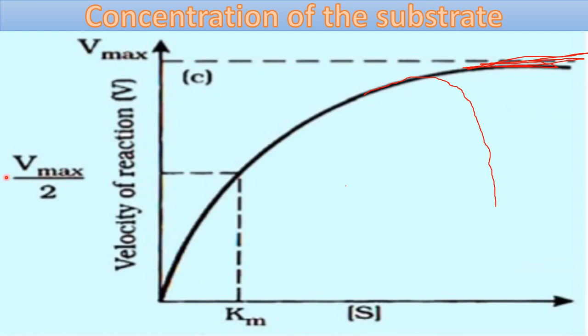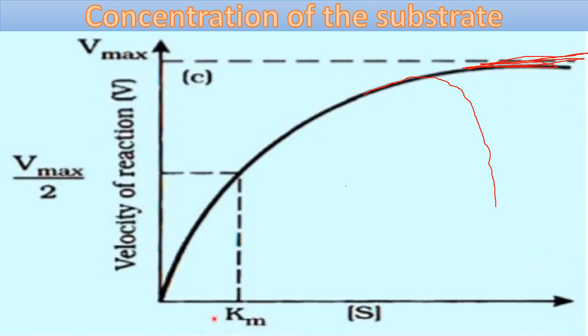Now here you can see this point, where the half of maximum velocity is achieved. This is the substrate concentration where half of maximum velocity is achieved, represented by Km, the Michaelis-Menten constant. Km is because it was discovered by a scientist, Michaelis-Menten.